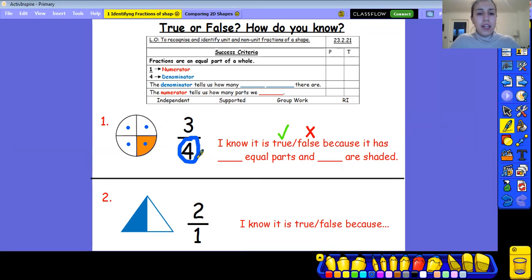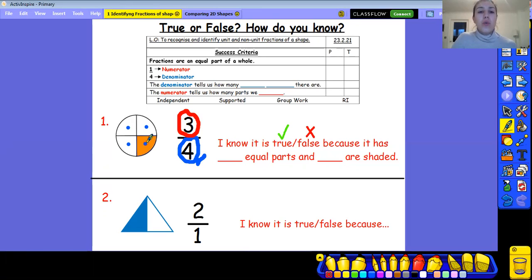Is that correct? Yes, it is. There are 4 equal parts in the whole. Now, time to check the numerator. So let's have a look at our numerator. The numerator is 3. That means that there should be 3 parts shaded. Do I have 3 parts of my whole shaded? How many parts are shaded? 1.